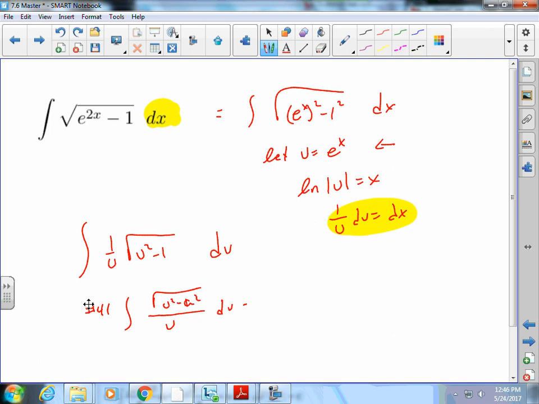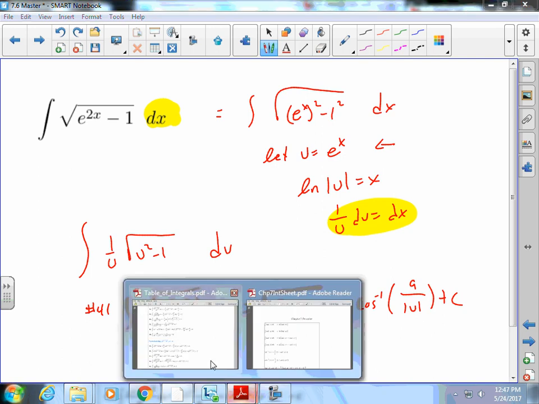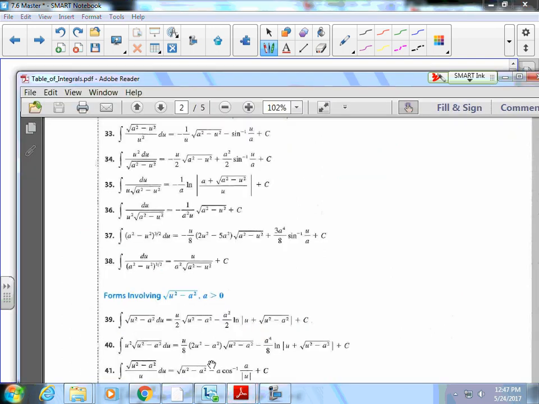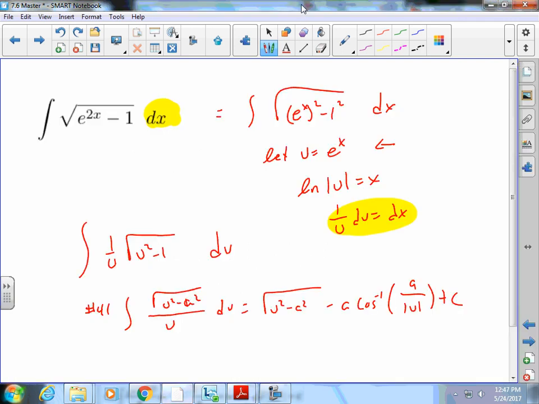And that integrates to the square root of u squared minus a squared minus a arc cosine of a over the absolute value of u plus c. So let's go back and double check that I wrote that correctly. Yep, that's what I wrote.